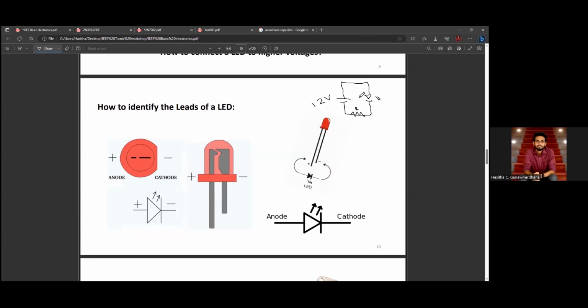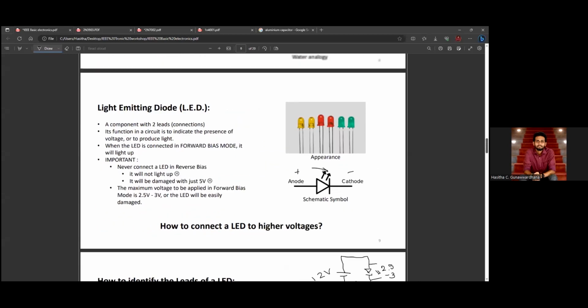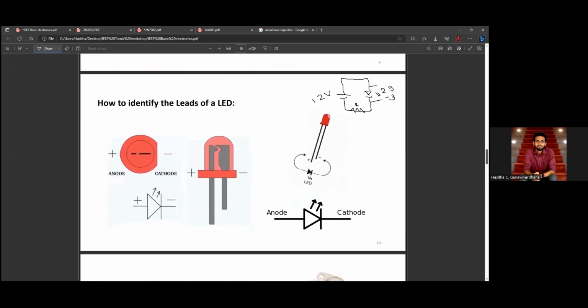The other thing to know about these LEDs is the recommended potential difference between these terminals, in the range of 2.5 volt to 3 volt for a regular small LED, like the LEDs you play with. If we go to a very high voltage LED like 5 volt, 10 volt, this may be different.